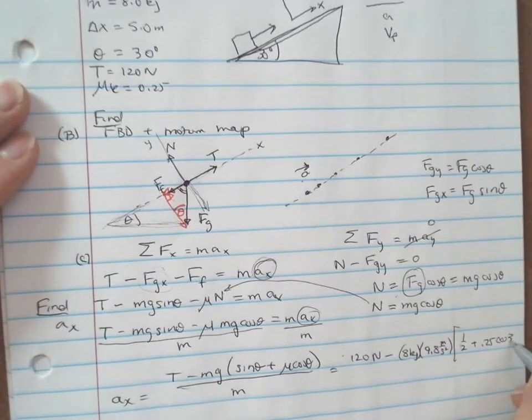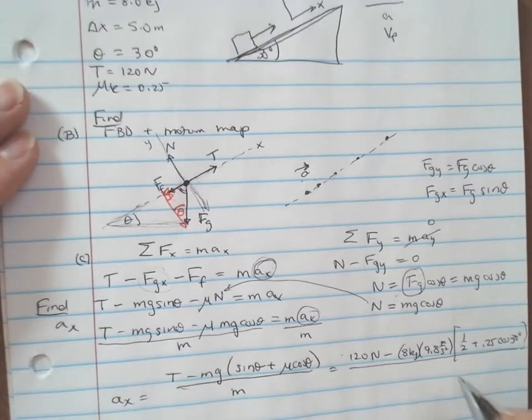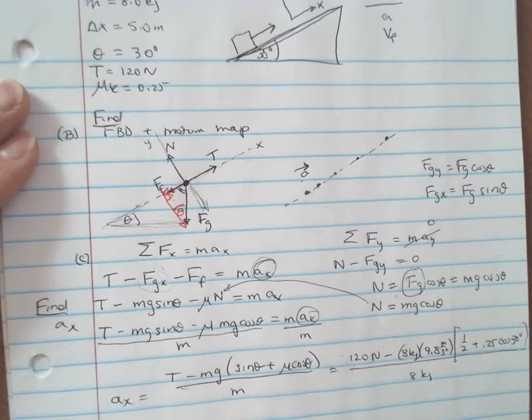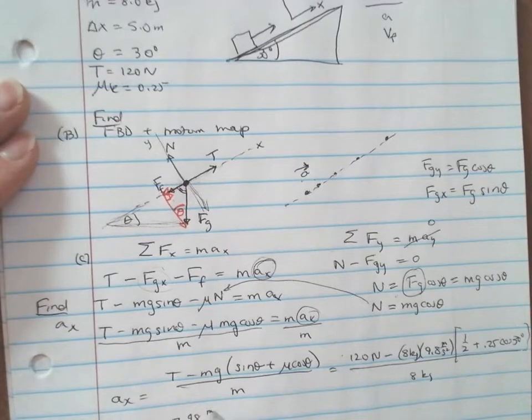Oh, what is that? Radical 3 over 2 or something. Okay, and then divide by the mass is 8 kilograms. And I should get that the acceleration is 7.98 meters per second squared, which we could just round to 8.